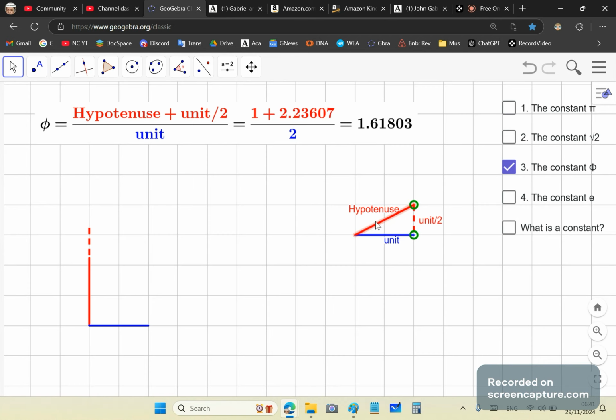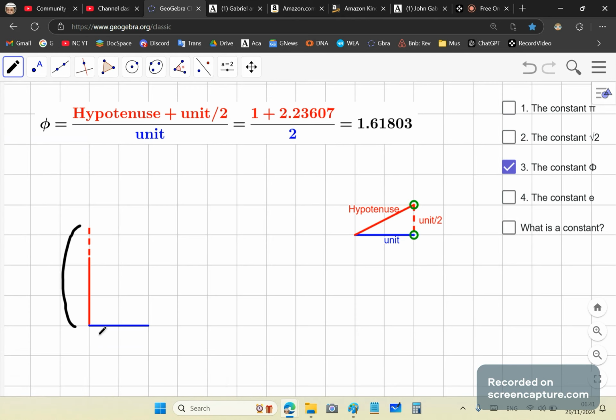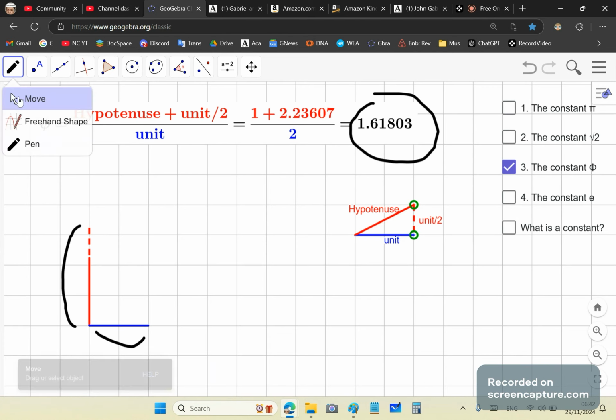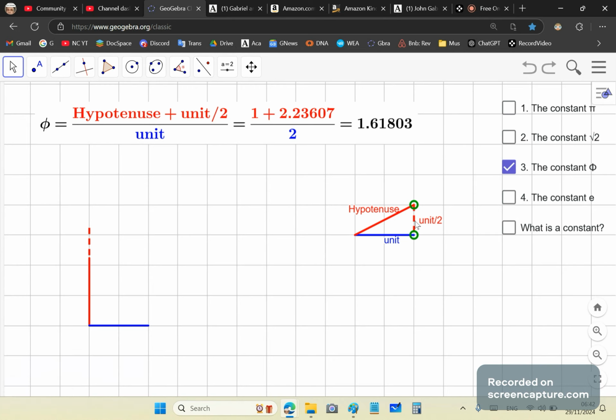The measure of this hypotenuse using this ratio, hypotenuse plus unit, which is represented by this, measured by just the unit, whatever it is, gives you the golden ratio. So that's how you get the constant phi. You attempt to measure the hypotenuse plus half of the unit by the actual unit.